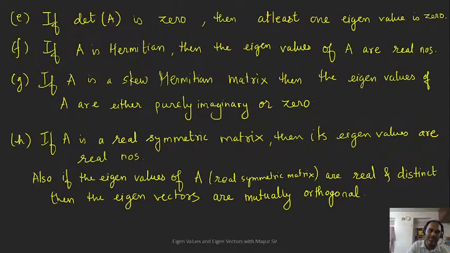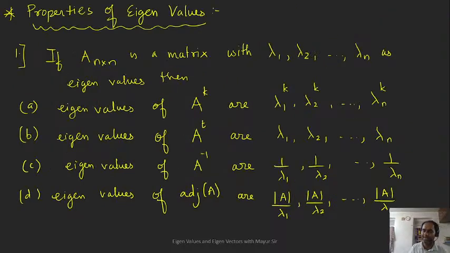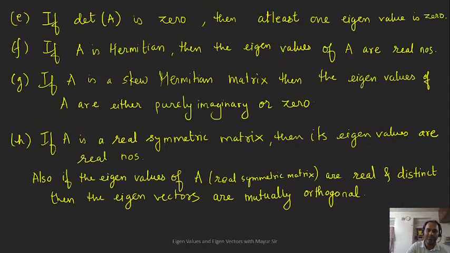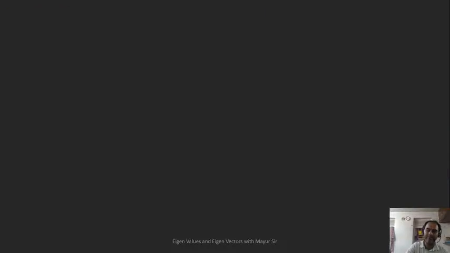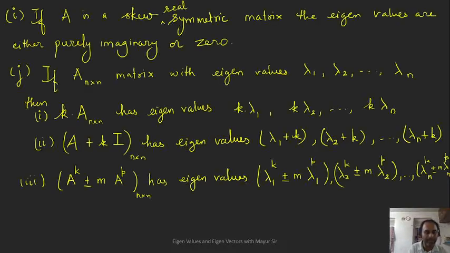These three slides give the fundamental, basic versions of the properties regarding eigenvalues. If you remember these many, I think it is more than enough, and they don't ask too much about other stuff. You can find out later on regarding them.